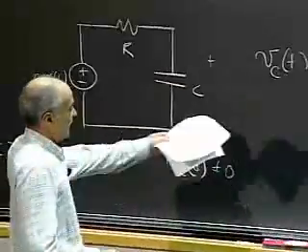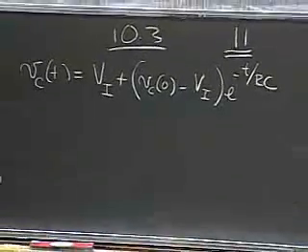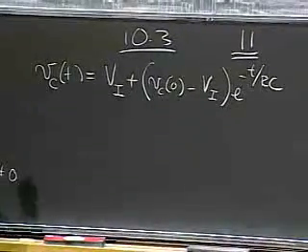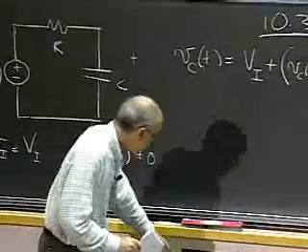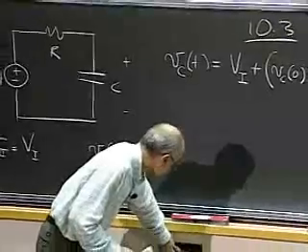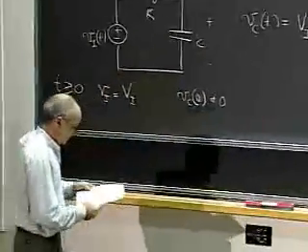So that's the general response of this network that I have here to an input Vi that happens at t equals 0.